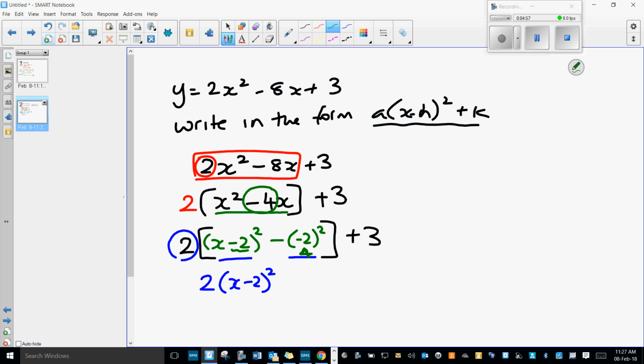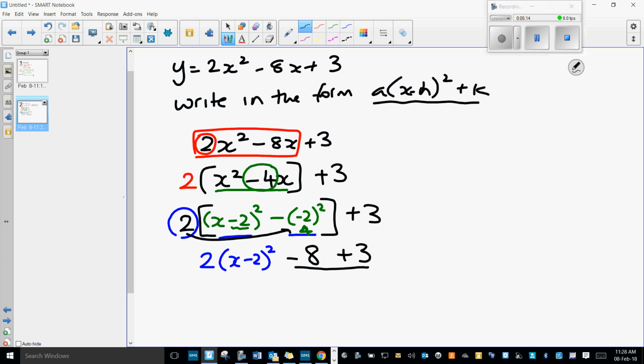I'm then going to have minus 8 because I've multiplied it by the 2. And then I've got my plus 3 that I'm bringing back into play because I've got rid of my brackets. My final step is to join these two terms together. So I've got 2 times x minus 2 squared minus 5.